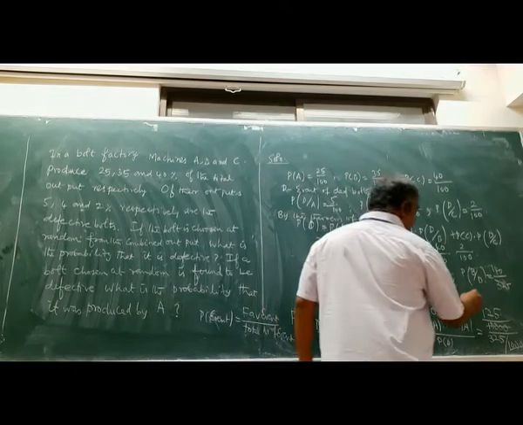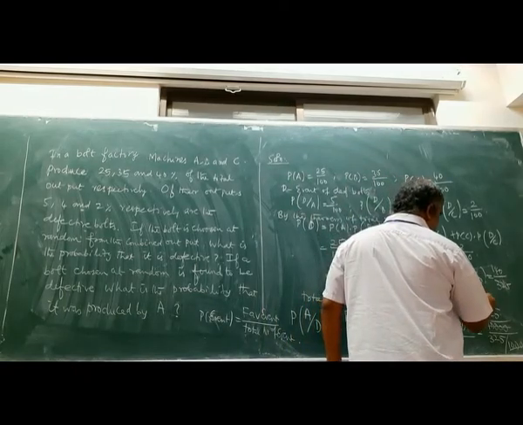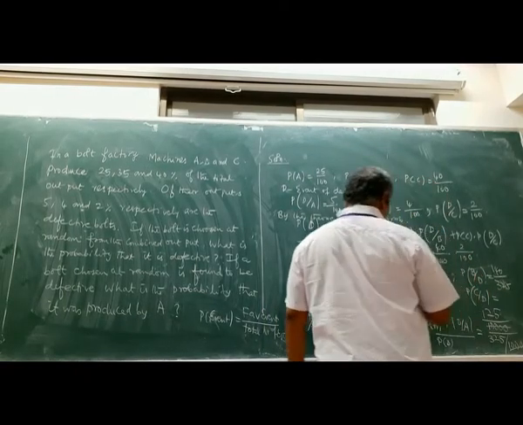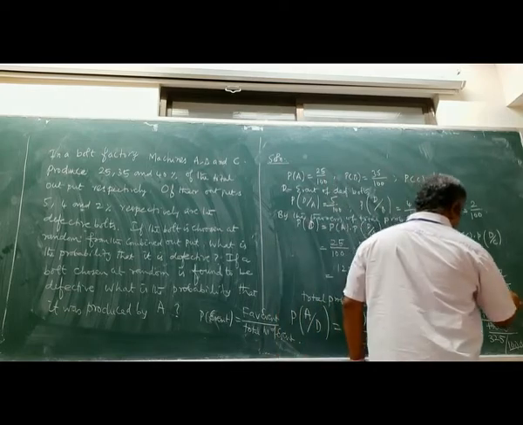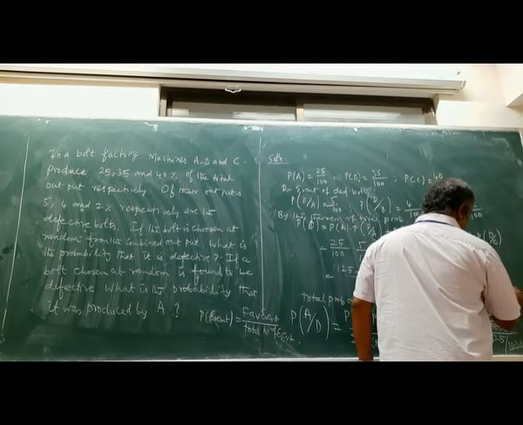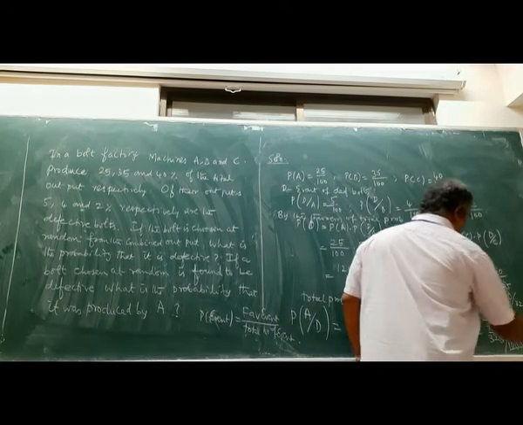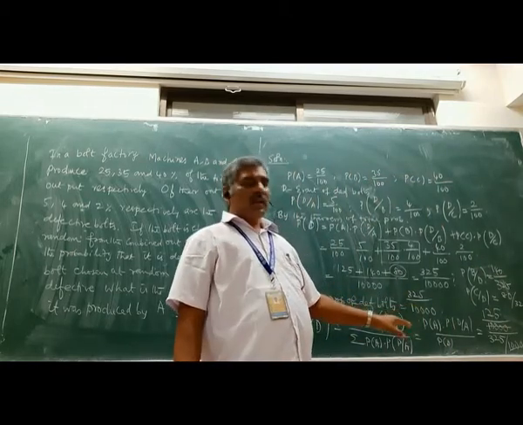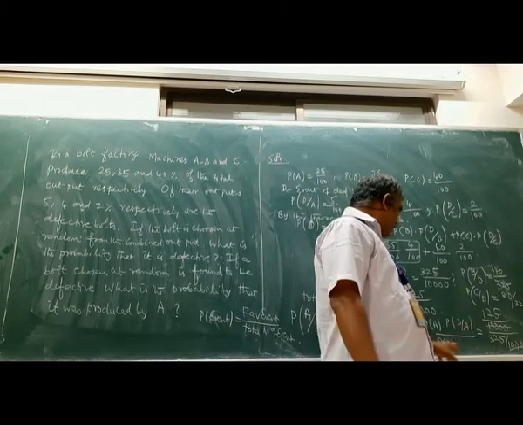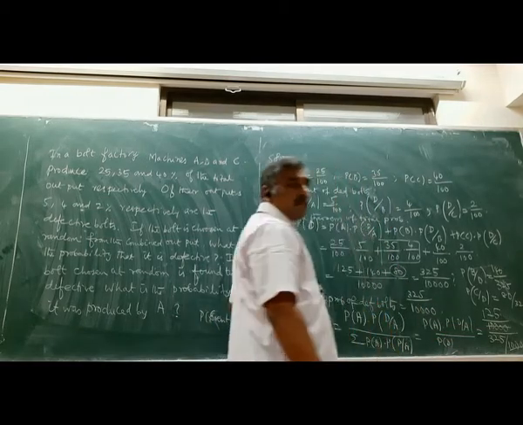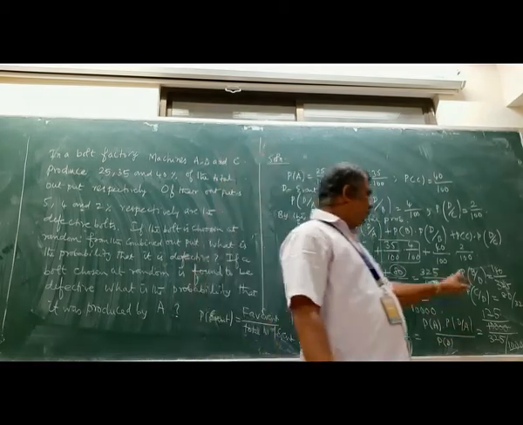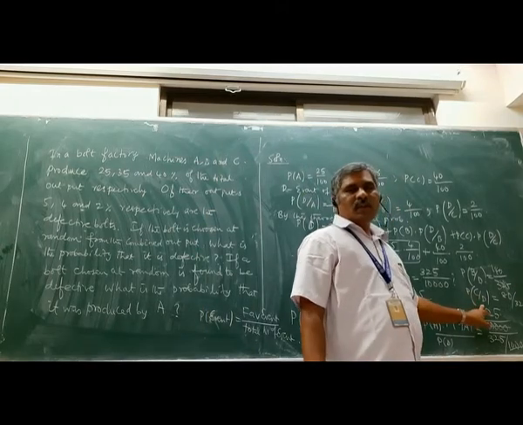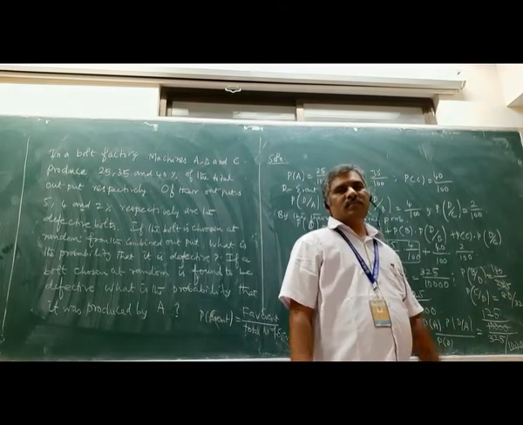Similarly, probability of C by D is 80 by 320. Okay, so how can you verify it is a valid result? If you add all these, probability of A by D, probability of B by D, probability of C by D, you will get 1.